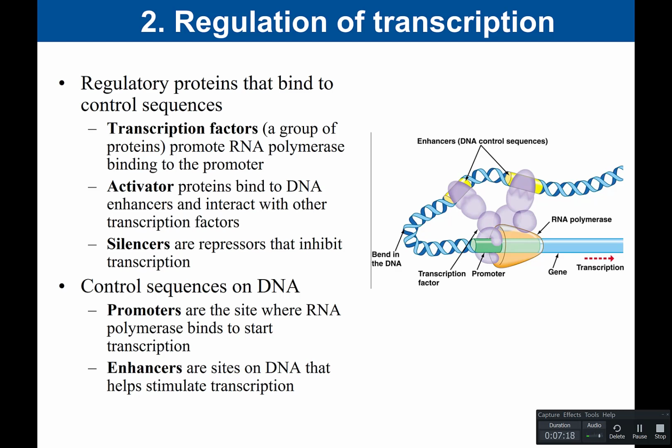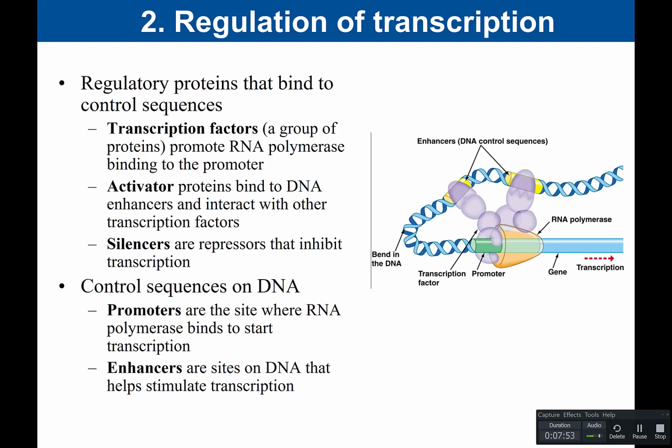If we call a protein a transcription factor, this is a group of proteins that promote RNA polymerase to bind to the promoter. These basically are going to help with transcription. Activator proteins are proteins that bind to DNA enhancers, so not the promoter, but sequences called enhancers, and they interact with transcription factors, and they help form this transcriptional complex.